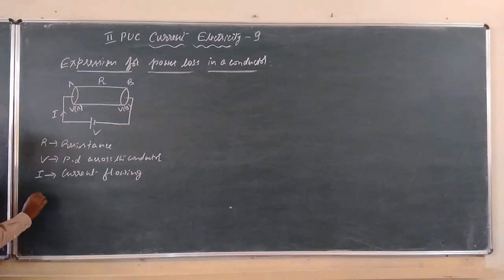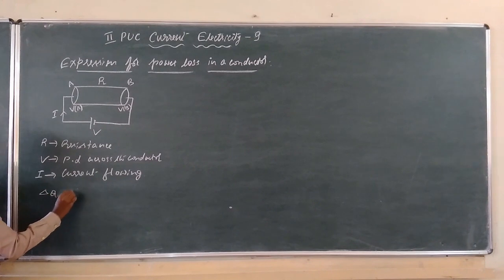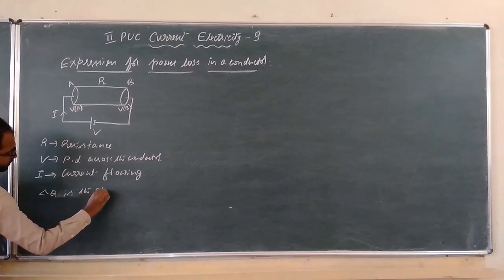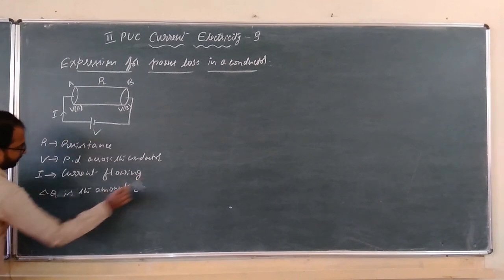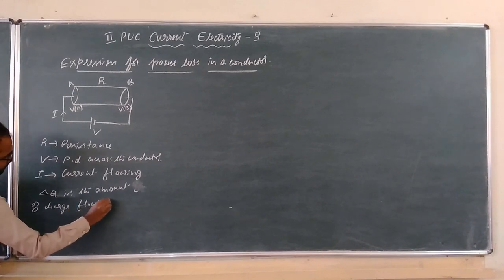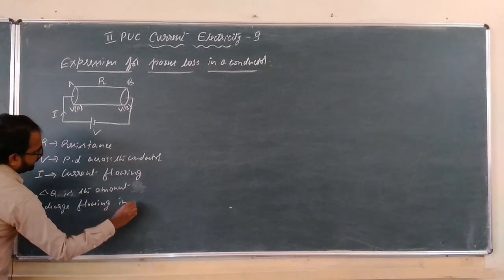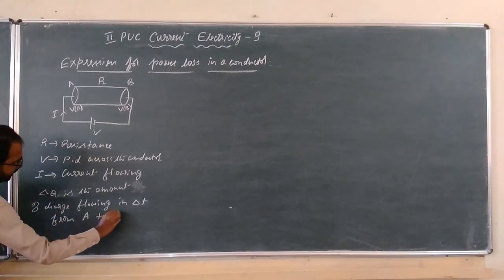Let delta Q be the amount of charge flowing in a time interval of delta T from end A to end B.